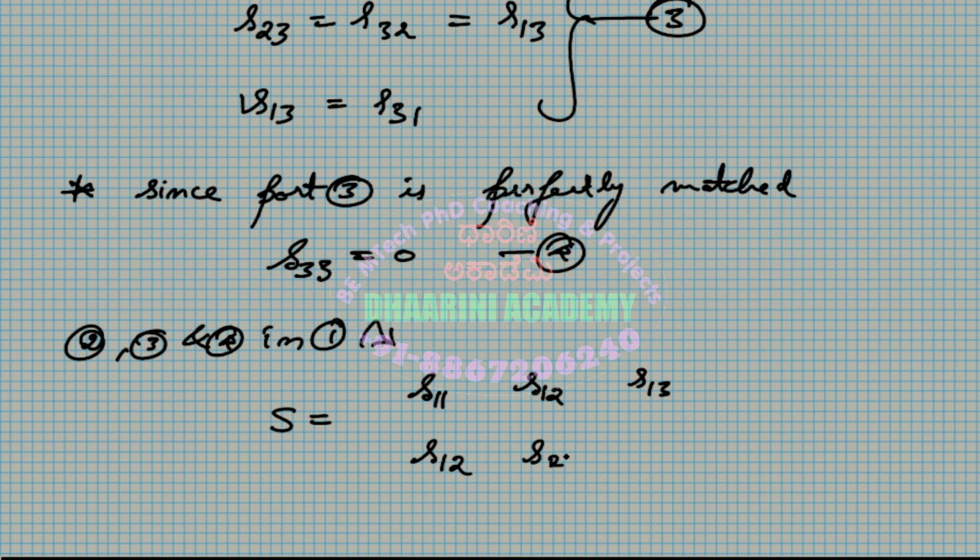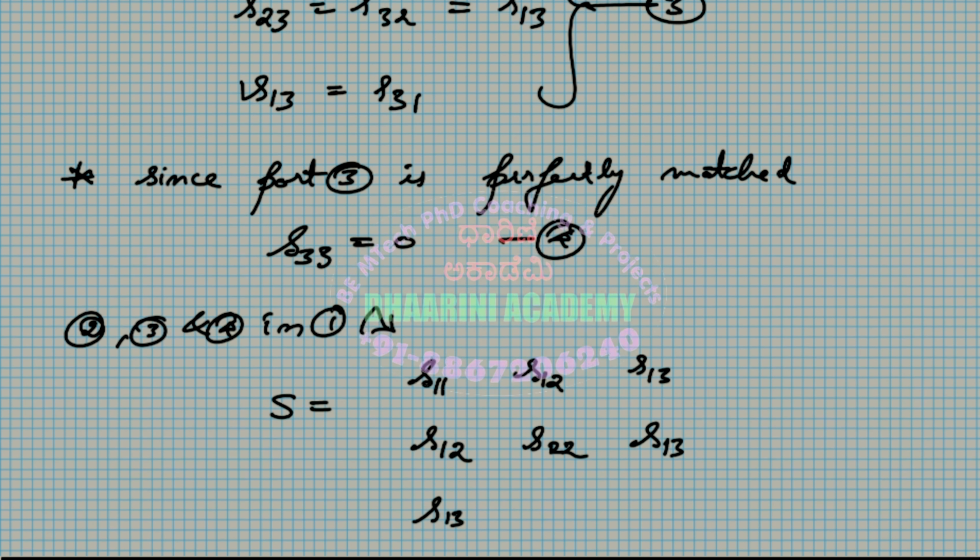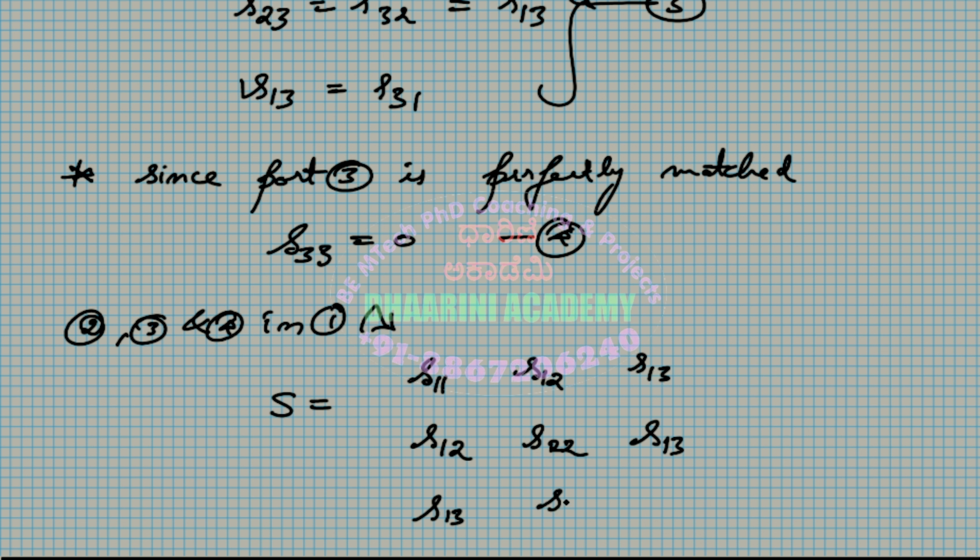S22 is unique. S23 and S13 are the same, and S31 and S13 are the same. So I write S13 here and S13 here, and this is 0. Now you see we are coming closer to the final answer. Let's call this equation number 5.